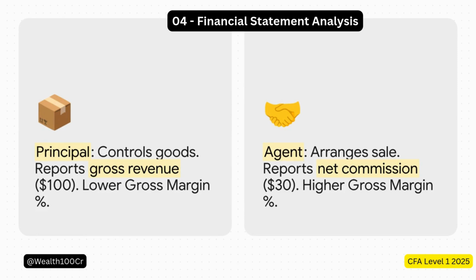It's the principal. So it books the full $100 as revenue. But think about a seller on Flipkart in India. Flipkart is just the platform, the middleman. They're the agent. They don't report the whole sale, just their commission, maybe $30. You can see how this massively changes the top-line revenue and the gross margins you're looking at.